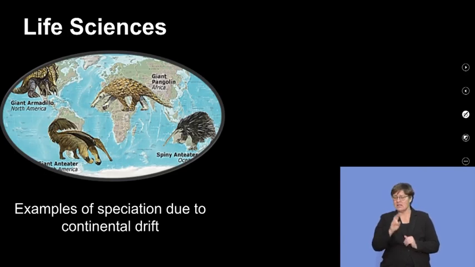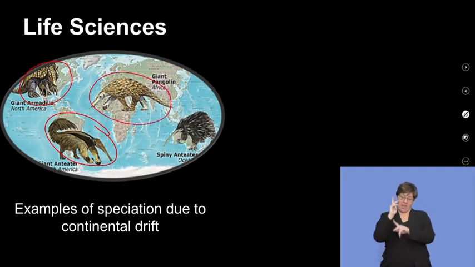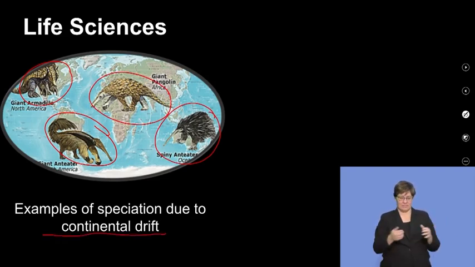They look like they have similar characteristics, so more than likely they came from a common ancestor, and that ancestral population was split into two or three or four, however many groups, by continental drift, and they then developed into different species.